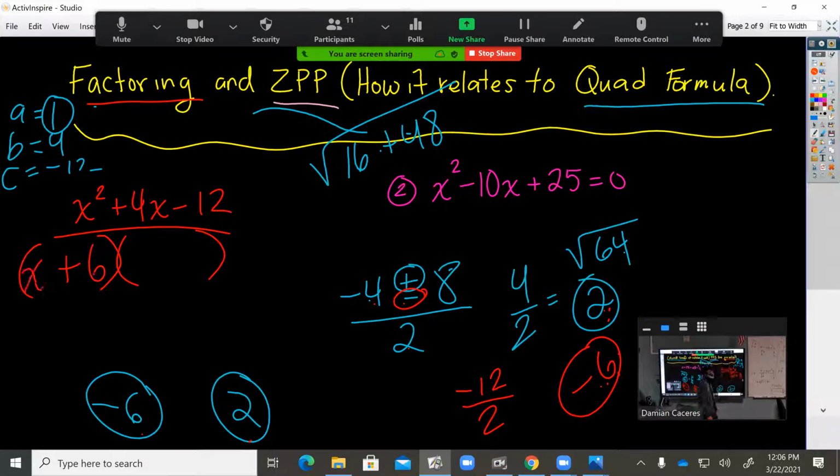Plus 6. If you got positive 2 as a solution, what was it in the parentheses? Minus 2. So you can always get the factors by using the quadratic formula. You understand? So this is your safety blanket. If you forget how to factor, quadratic formula. Simple. It's your safety blanket.